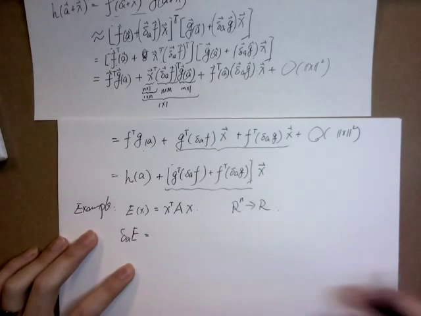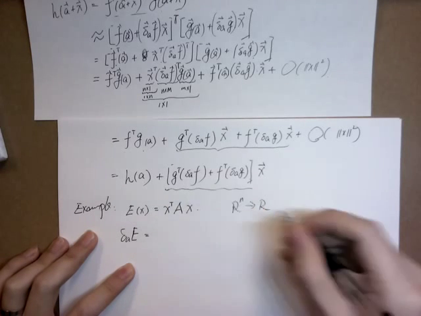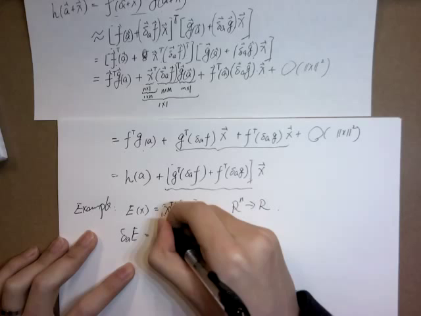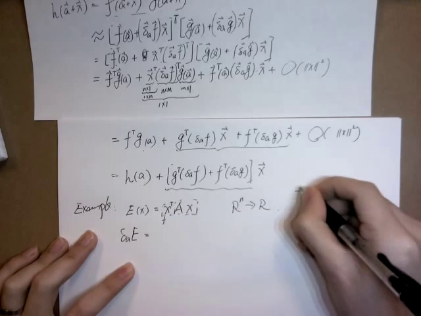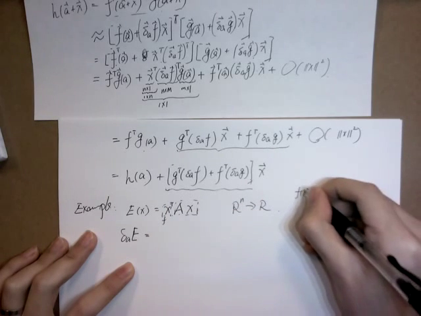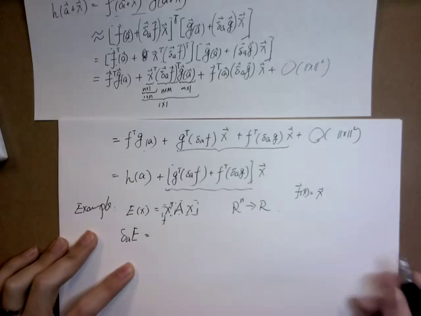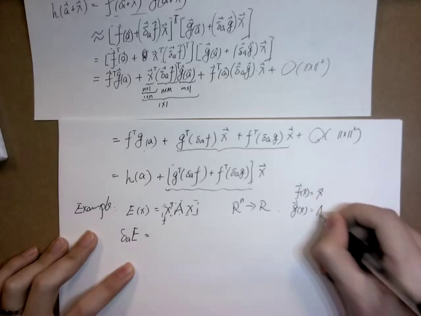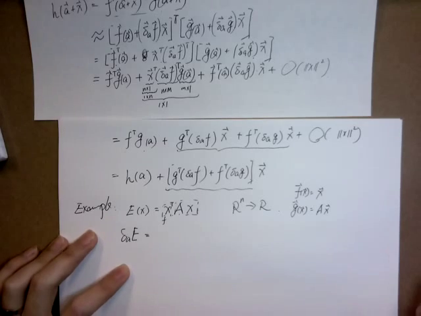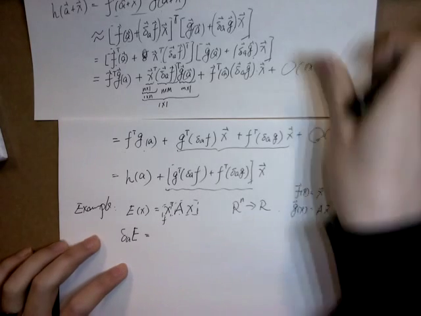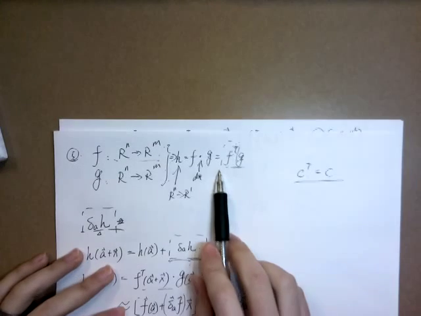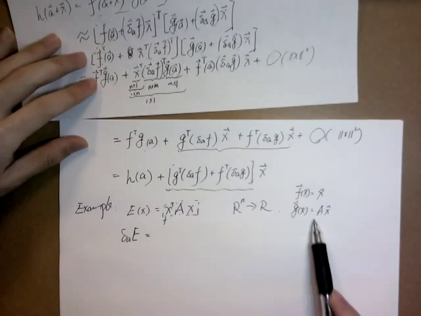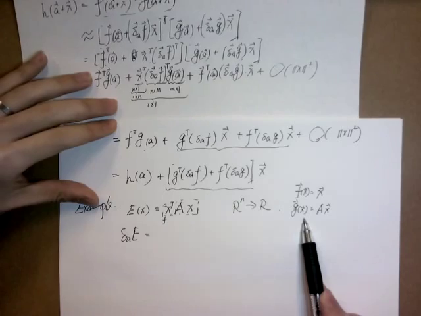Right, and then I can think of E as the combination of two functions. The first function is f(x) equals x, and the second function is g(x) equals Ax. Now it perfectly falls into this formula, because this is basically a dot product between f and g, or I can write it as f transpose times g.